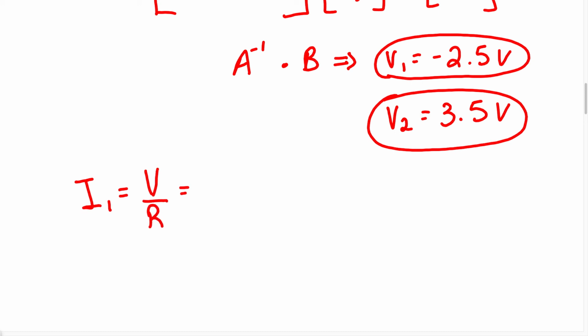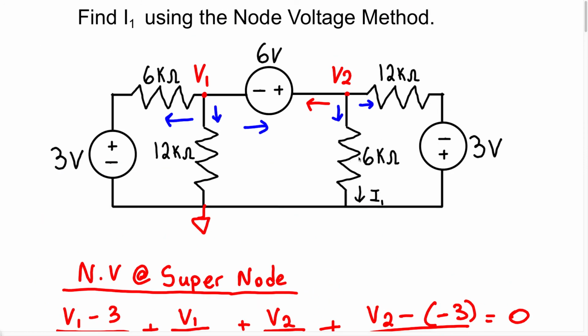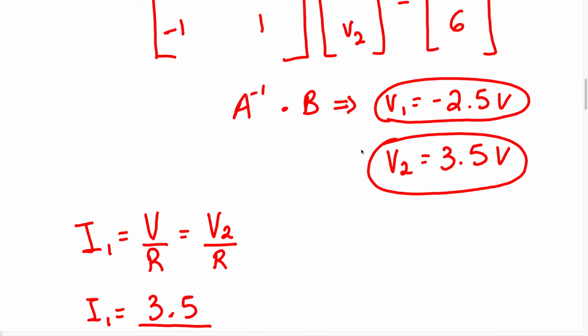We know we're going to be using the voltage at node 2 that we just found, so we can write it as V2 over R. Therefore, we can say I1 equals V2 equals 3.5 divided by the resistance, which is going to be 6K. So we have 6,000.